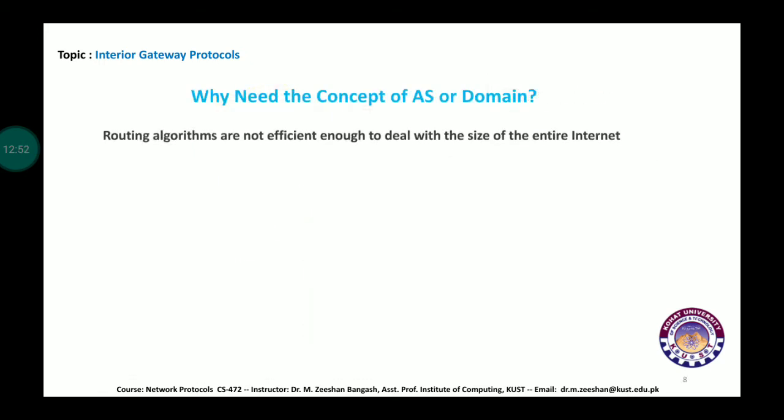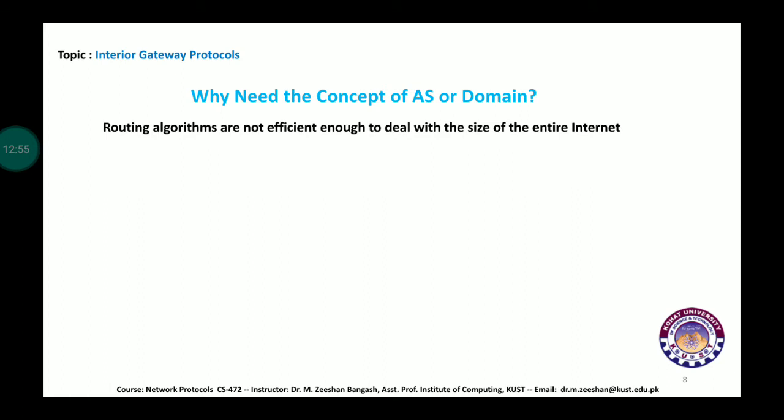Now, why do we need the concept of autonomous systems, or domains? The basic purpose is that routing algorithms are not so effective at coping with a large network. If the size of the network increases, the capability of the routing algorithm also decreases.